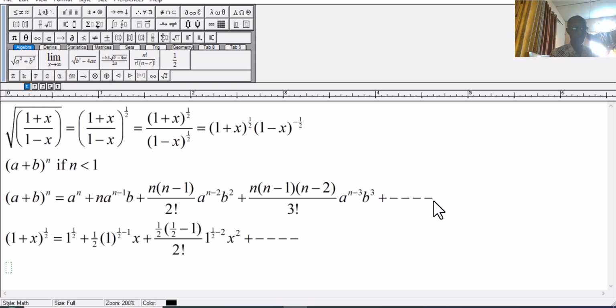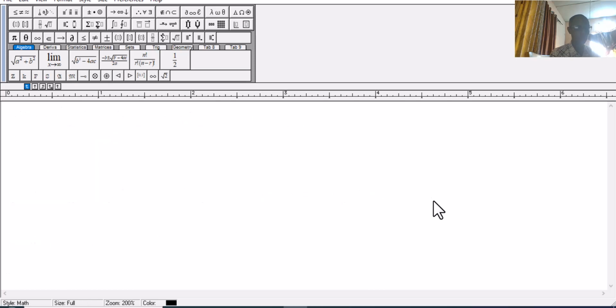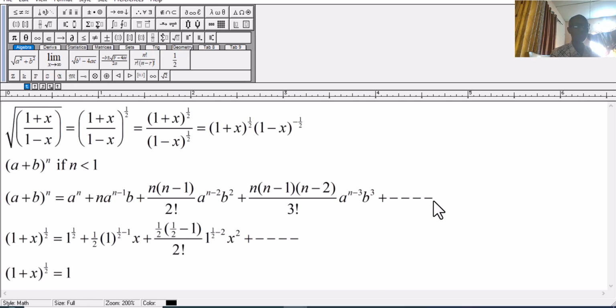So this is equal to 1 plus, 1 raised to this will still be 1, so I'm going to ignore that. So this will be half x.